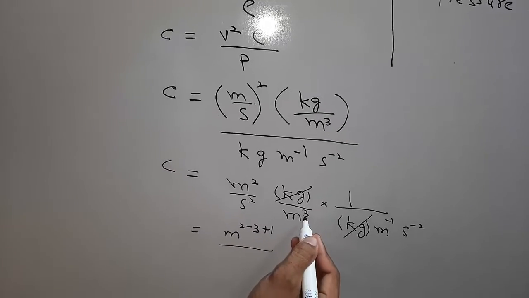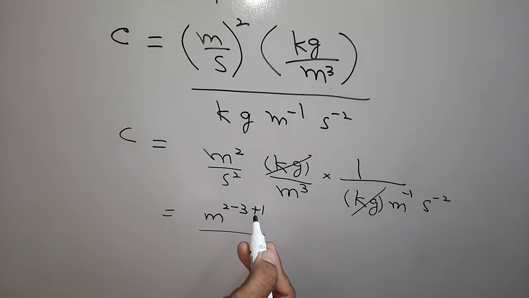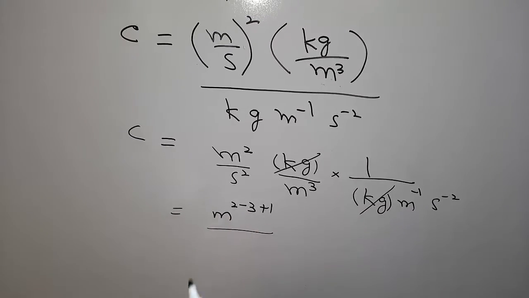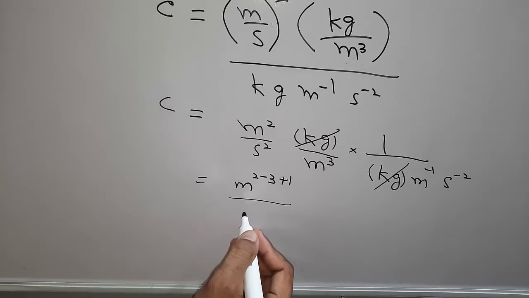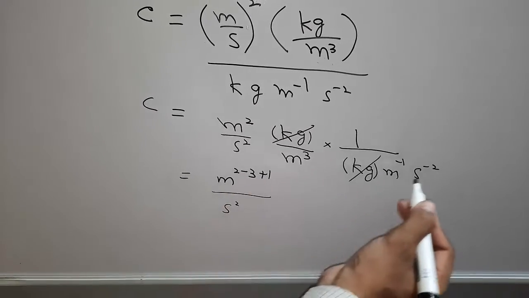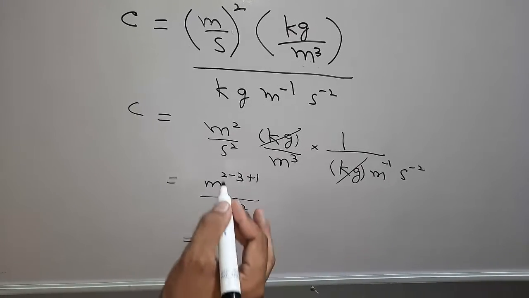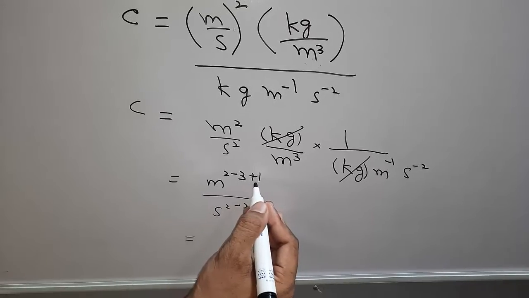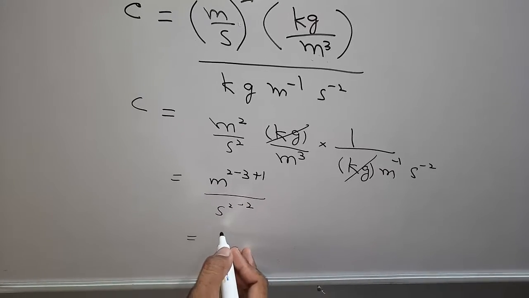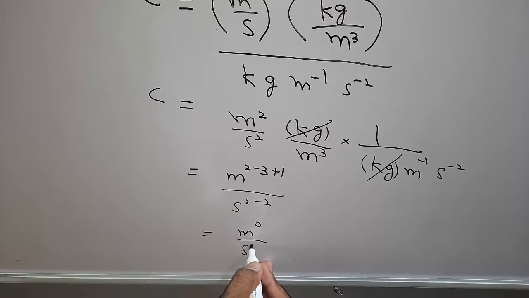We all know the law of indices. If we have the same bases and they are multiplying, their powers are going to add. S power 2 minus 2. So again we all know that 2 minus 3 is minus 1, minus 1 plus 1 makes 0.